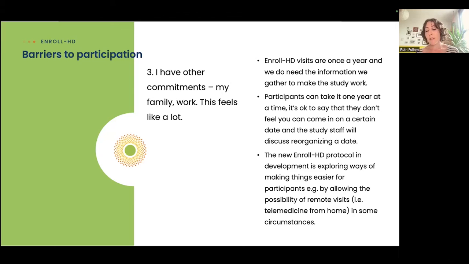So it is actually important for us to have participants who come in every year. The value of that data over time is incredible, and so we do ask people to come in every year.